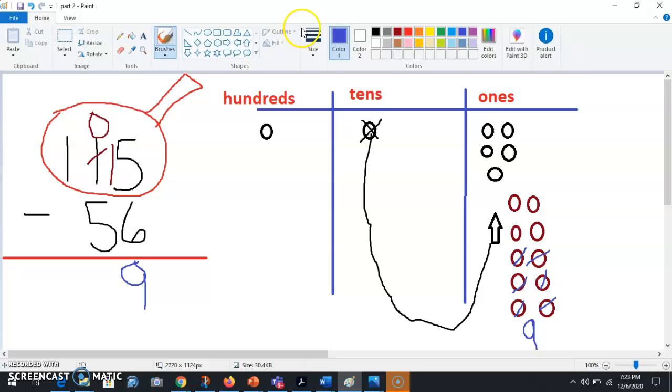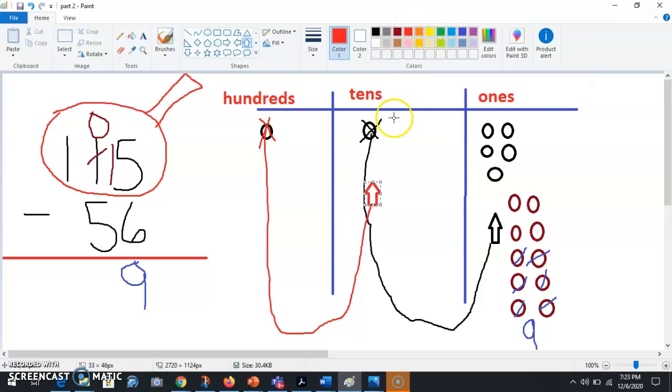So let me cross out this little 100 and make it 10 tens, right? So let me make a line. Let me put the little arrow. Okay, and let's count 10 tens.